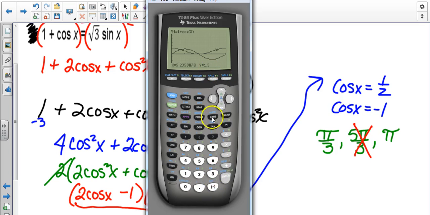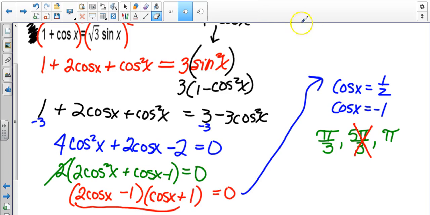I get 1.5, or if I'm on the other one, I get negative 1.5. They're definitely not equal at that point, okay? Are we okay?